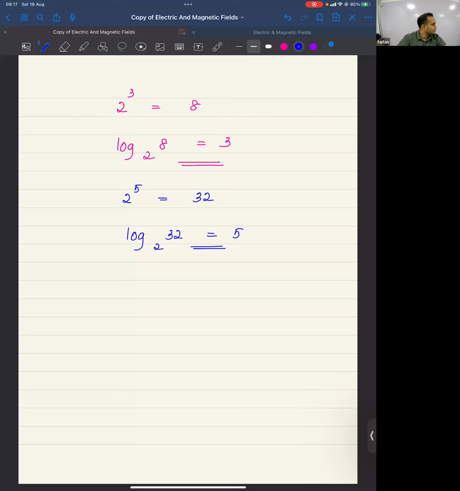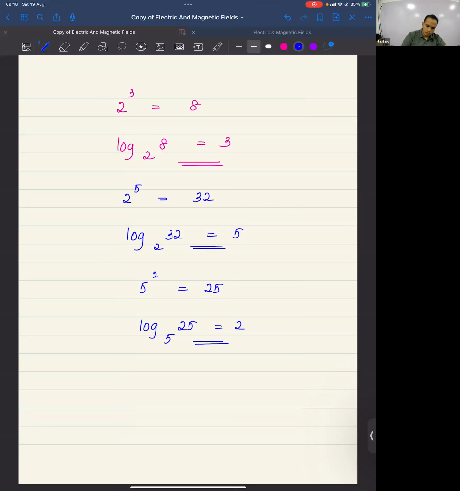Another example, 5 to the power 2 is equal to 25, then log 25 to the base 5 is equal to 2.